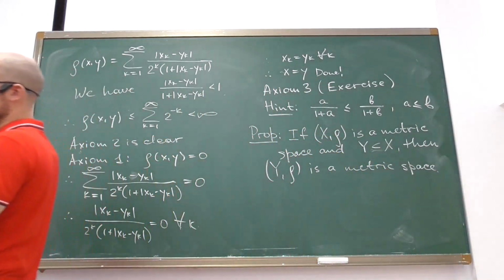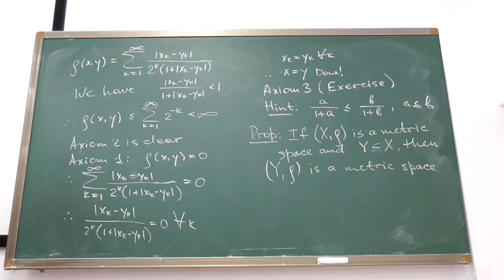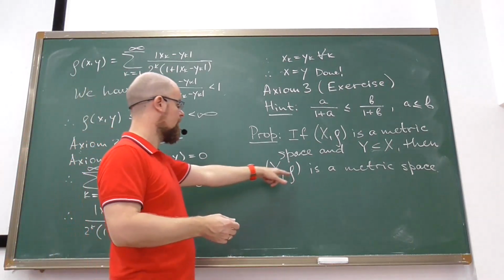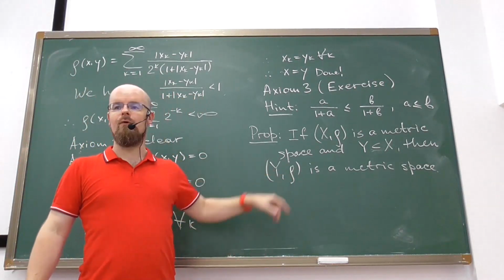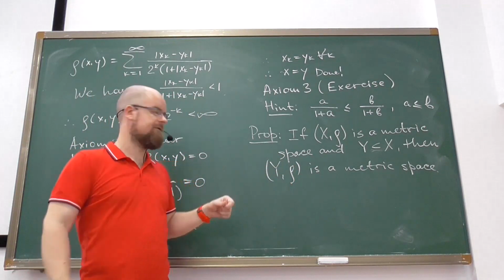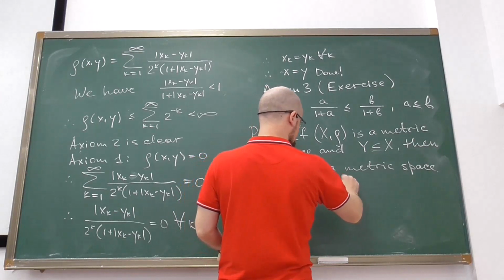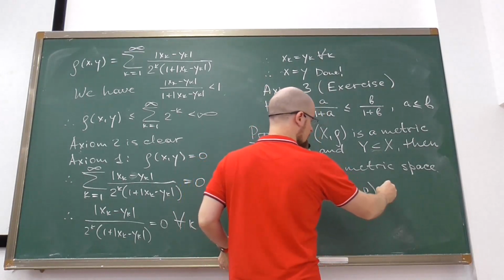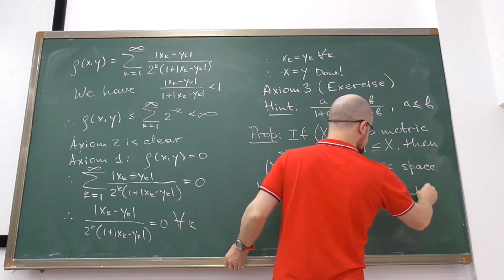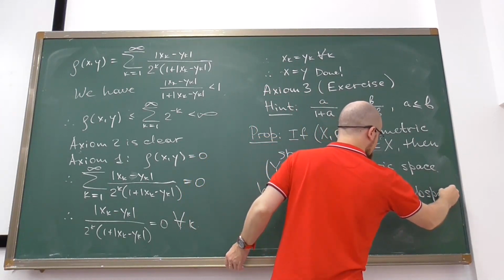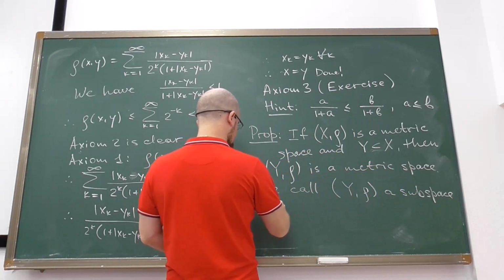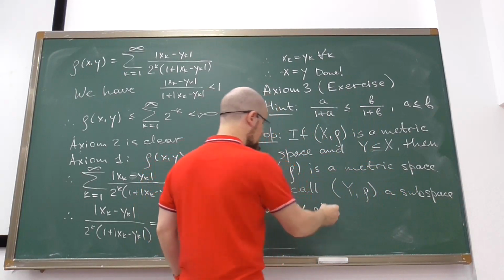So we take a subset of the set X and consider it in a pair with exactly the same distance function, and it will be a metric space. In this case, we call this Y, rho, this new metric space, a subspace of X, rho.